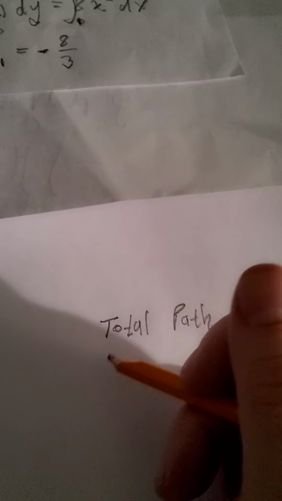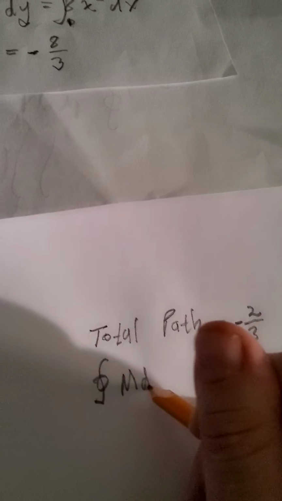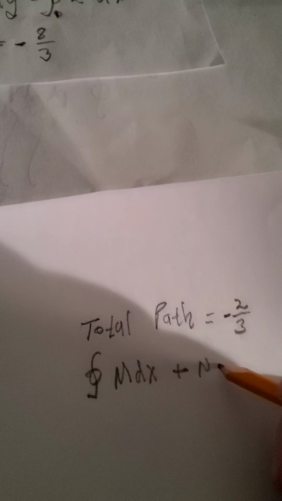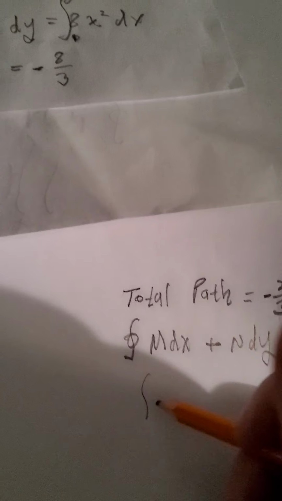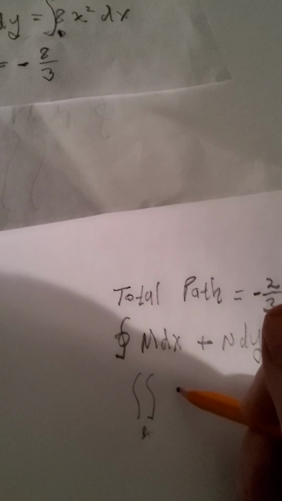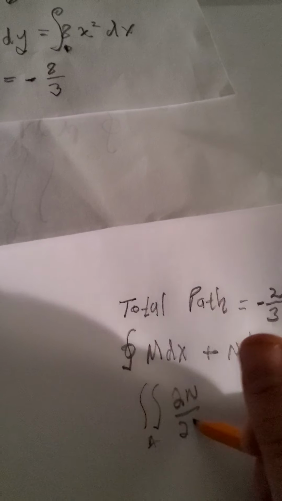Okay, now what's going to happen? Well, Green said that if you take the integral along a path of m dx plus n dy, like that, then you can use the formula double integral over a bounded area of partial n partial x.